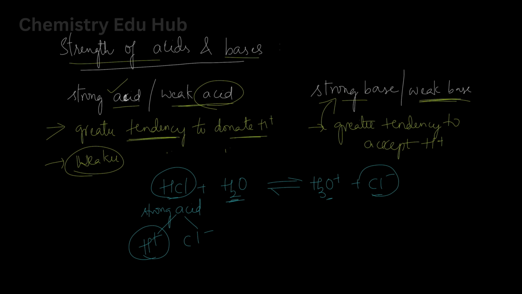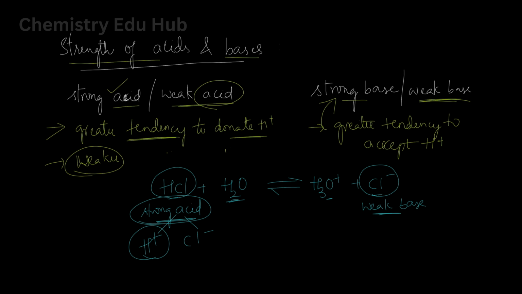But Cl minus will not be willing to take a proton very easily, and hence the strong acid turns into a weak conjugate base. So if the acid is strong, its conjugate base is weak. Similarly, if the base is strong, its conjugate acid is weak.